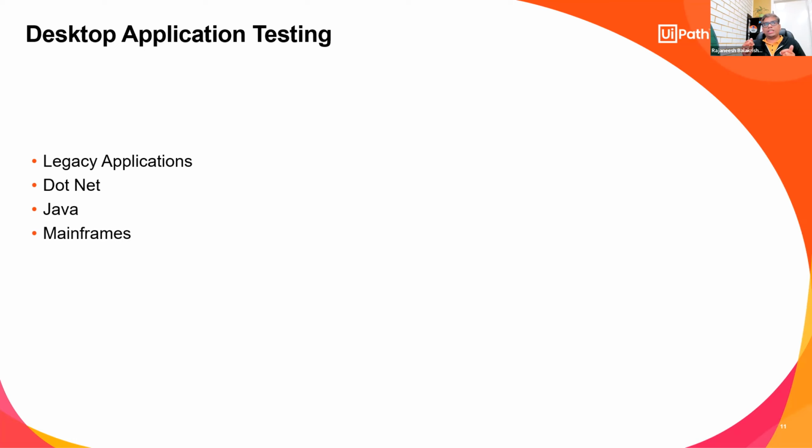When I say .NET, Java, some automation tools I have seen are very good in automating Java applications, but not really good in dealing with .NET applications. So for .NET applications, you have to come with some other packages and install them, and you need to get approvals to install that.